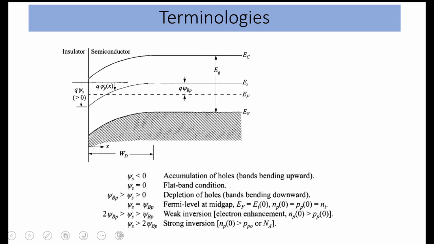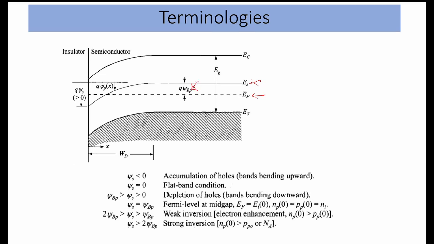Okay, so there are some terminologies that we will see in subsequent slides. Some different terminologies are also used, which I will tell at the same time. So this phi s, the gap between the intrinsic Fermi level and the Fermi level, this is q psi bp.